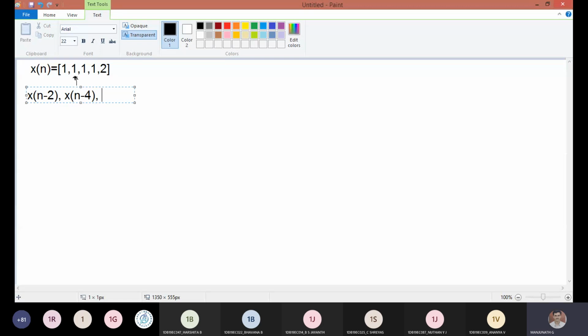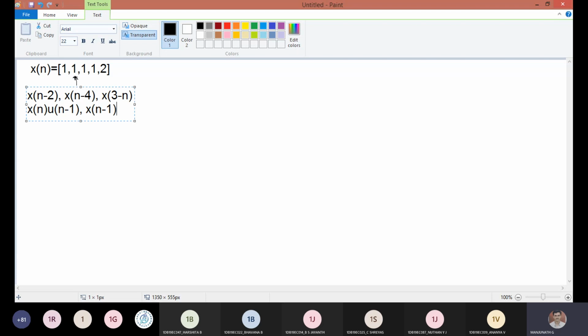Then you need to perform x of n into u of n minus 1. Fourth one, then fifth one, x of n minus 1 into delta of n. I hope everyone remembers what is delta. I'll write the symbol itself. So actually you are not going to write delta like this.